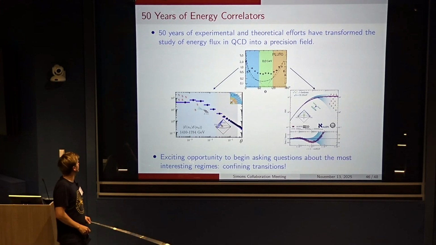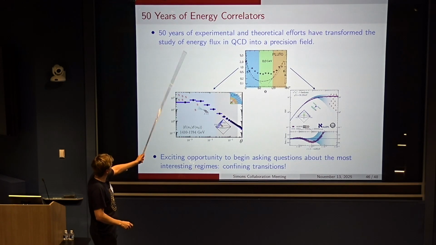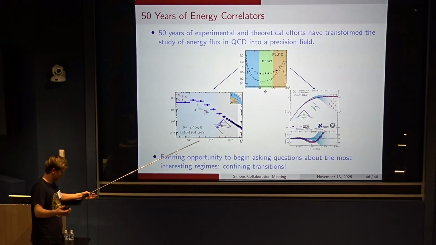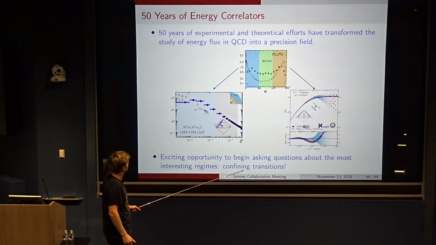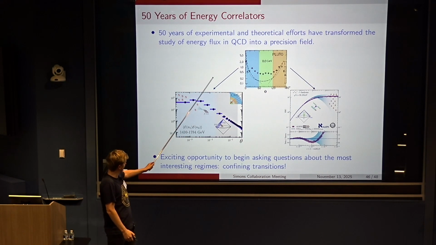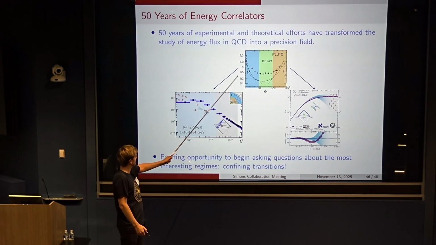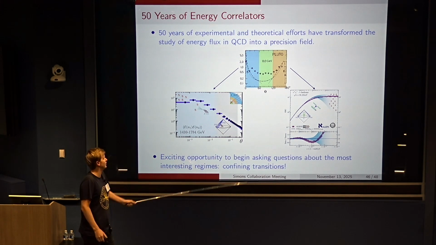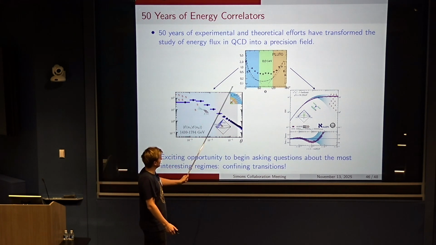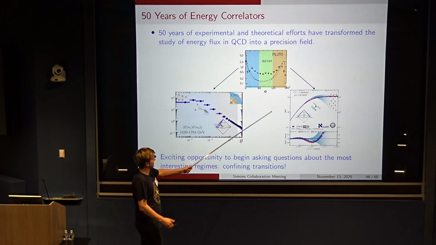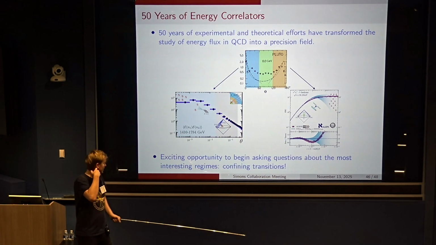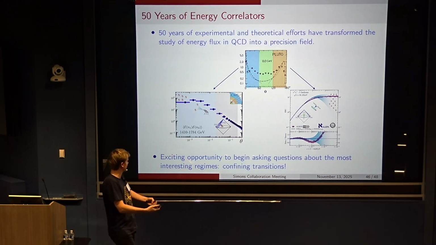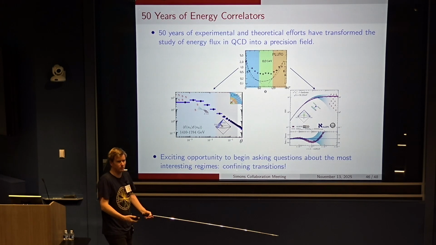Okay, so just to start wrapping up, 50 years of study on both the experimental side and the theoretical side of trying to understand these correlations in energy flux have really transformed this from early qualitative studies to extremely precise predictions over the entire range, in particular unveiling the transition from the partonic degrees of freedom to the hadronic degrees of freedom, which is, at least to me, a very exciting starting point now to begin asking more exciting questions.